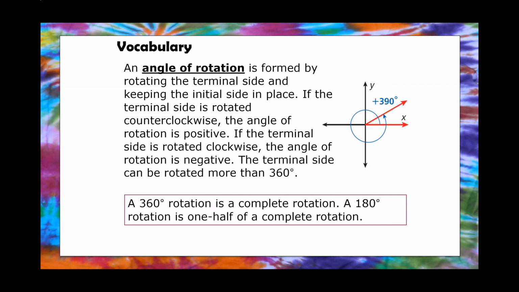Please note that 360 degrees is a full rotation and 180 degrees is half a rotation. And of course, 90 degrees would be from one axis to another, like from the x-axis to the y-axis. All right, so let's go ahead and look here and notice that we are going counterclockwise, which would give us a positive angle right here.